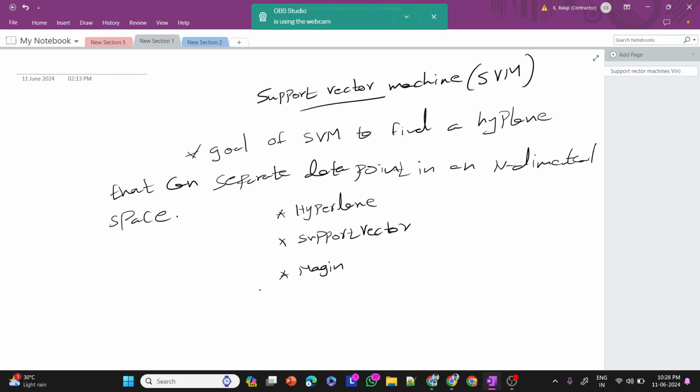And there are two types of SVM. The first one is linear SVM, and the other one is non-linear SVM.